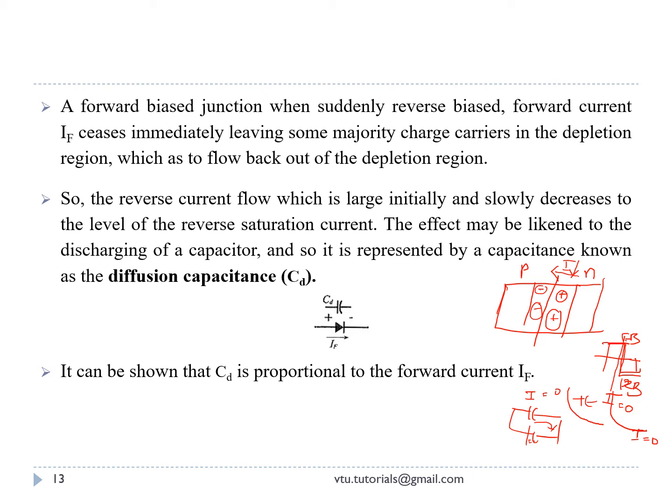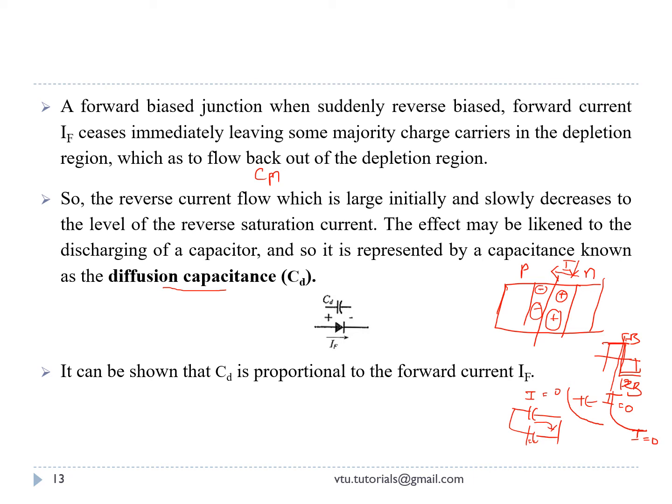Okay, the reverse current. Next, one more capacitor exists in the diode. This is the diffusion capacitor. Firstly it is the junction capacitor CPN, and now there is one more, the diffusion capacitor. The reverse current flows, which is larger initially and slowly decreases to the level of reverse saturation current.